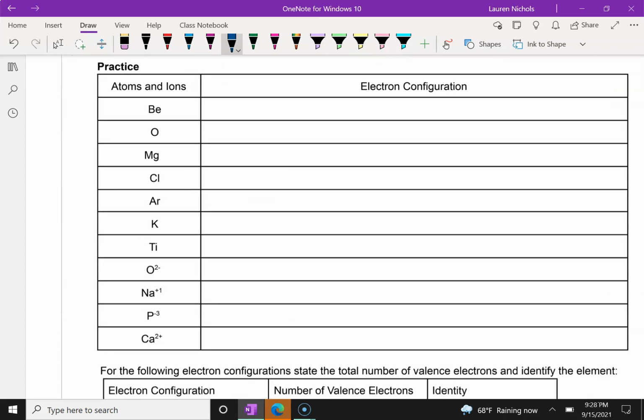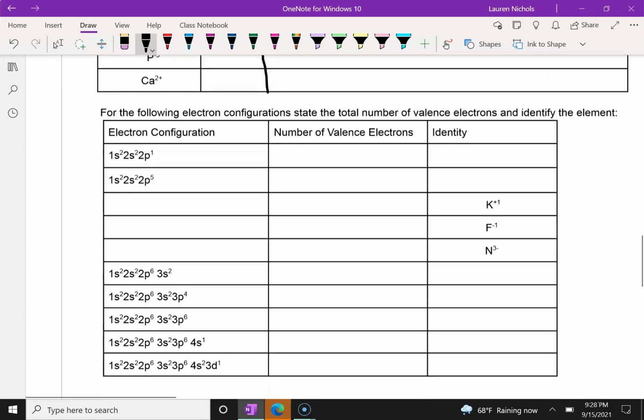And that's going to be really, really important, because on your practice here, you've got different atoms and ions, and I want you to write your electron configuration, okay? You might want to create your own special column that says the total number of electrons as its own separate thing, to make sure that you remember to do that step first. Otherwise, you might go to the wrong spot on the periodic table. And then down here, I want you to use the electron configuration and tell me the number of valence electrons and the identity.